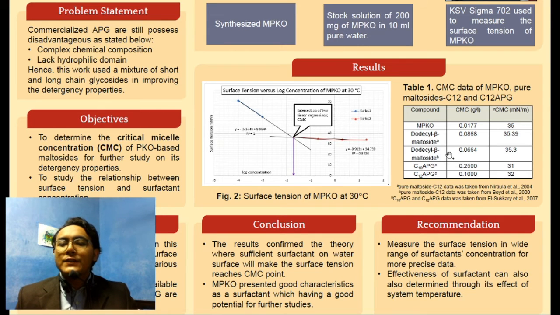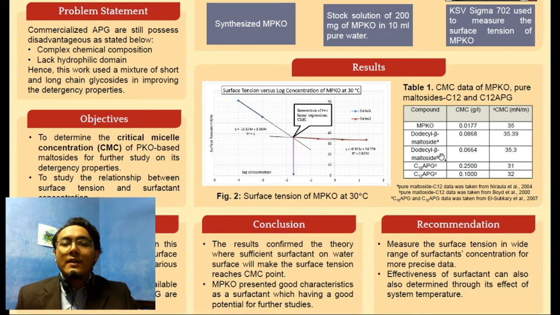In order for us to obtain more precise results, we have to measure the surface tension in a wider range of surfactant concentrations, for example, in between 200 ppm to 500 ppm. And secondly, the recommendation that I can give is that the effectiveness of a surfactant can also be determined through the effect of system temperature.